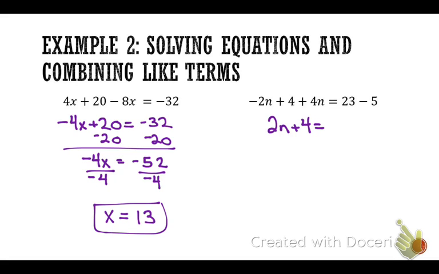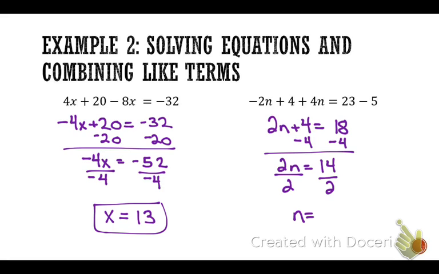And then I did 23 minus 5 equals 18, then minus 4 on the other side equals 14. 2n equals 14, and then you divide both sides by 2, and then n equals 7. Perfect.